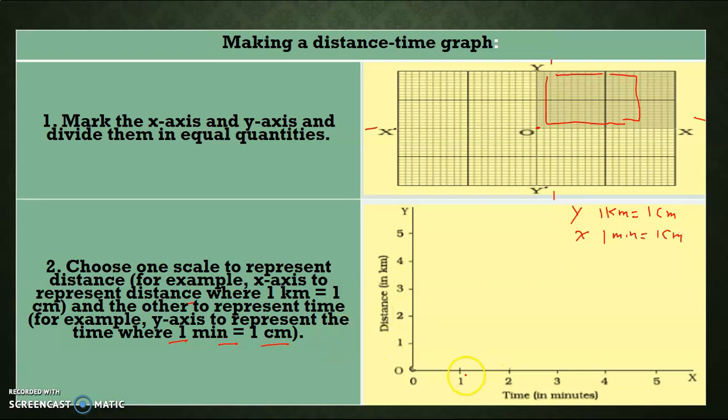So we will represent the time on the x-axis as 1 minute, 2 minutes, 3 minutes, 4, 5, 6 minutes at an interval of 1 centimeter. And we will represent 1 kilometer, 2 kilometers, 3 kilometers, 4 kilometers at an interval of 1 centimeter on the y-axis. By this way we can represent the time and distance on the x and y-axis.